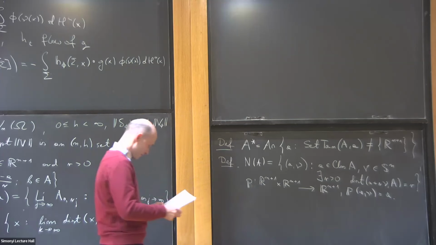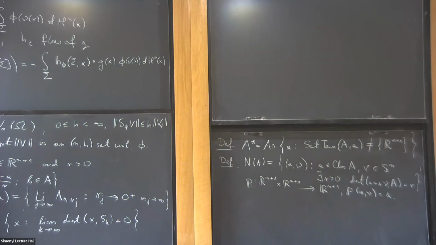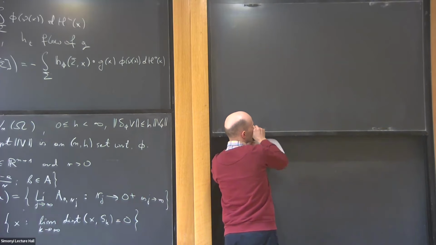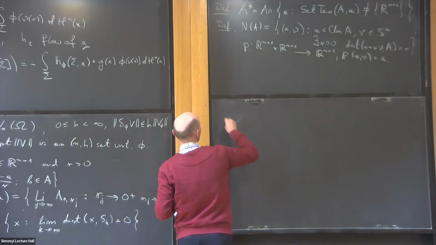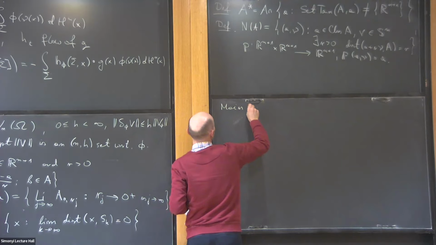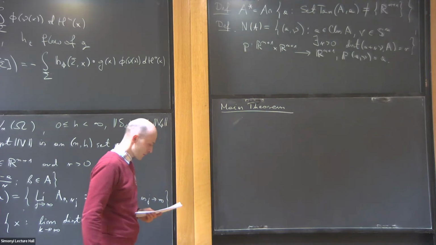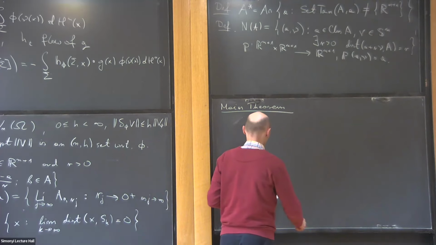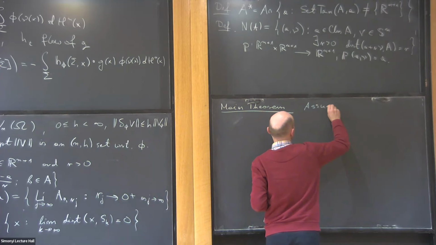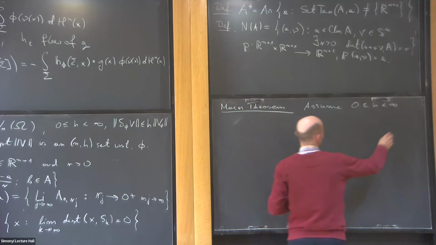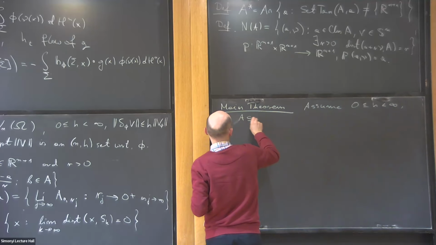Now, having all these definitions, I can state the main theorem. The main theorem is as follows. Assume you have this number H. So I will write all the assumptions.